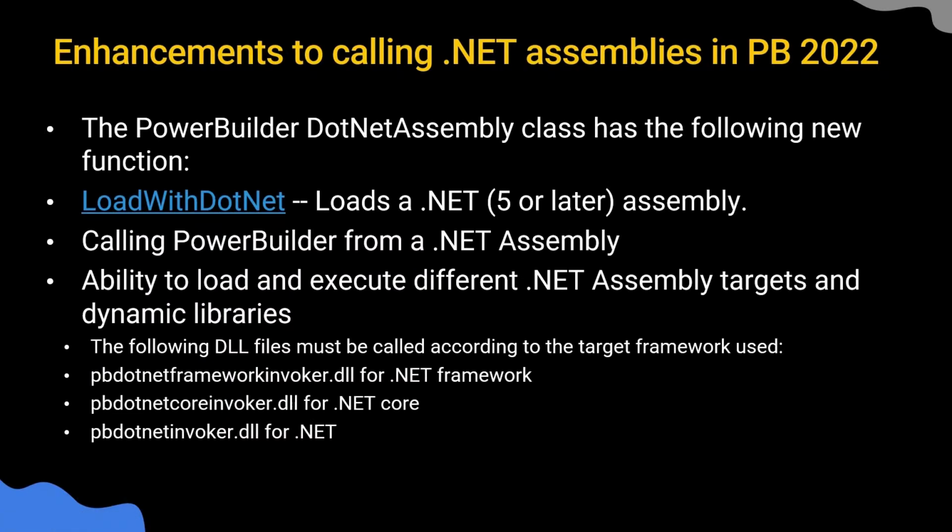The PowerBuilder .NET assembly class has some new methods as well. There is a load with .NET method, which allows you to load a .NET assembly version 5 or later. You can then call the PowerBuilder code from the .NET assembly, but the ability to load and execute different .NET assembly targets and dynamic libraries is dependent upon some DLLs that are available from Appian Corporation that must be present for your C# application or the C# Managed Code Assembly to be able to call back into the PowerBuilder environment.